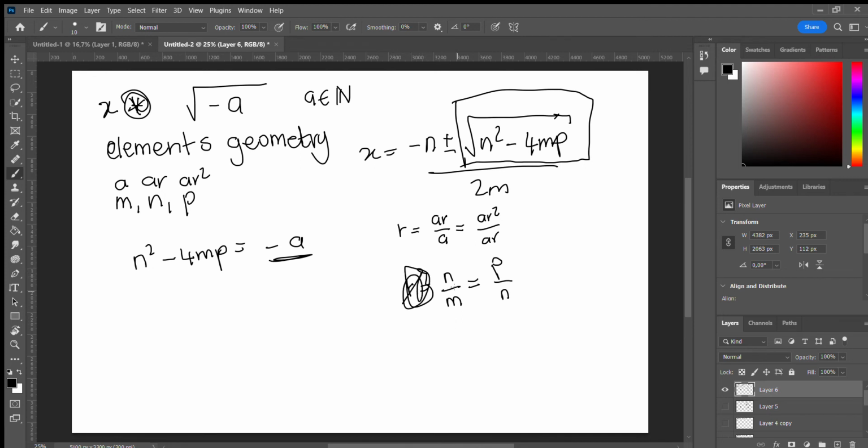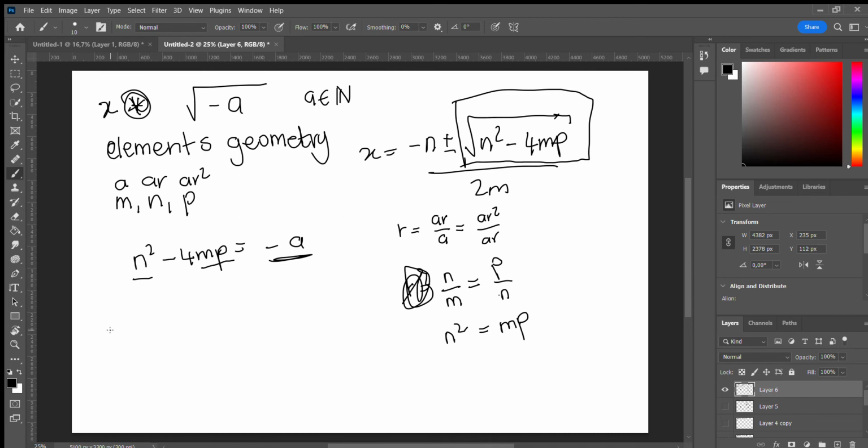If we cross multiply, we get n squared equals mp. Boom! So we can replace mp with n squared, or n squared with mp, but let's replace n squared with mp because we already have it as the subject of the formula.